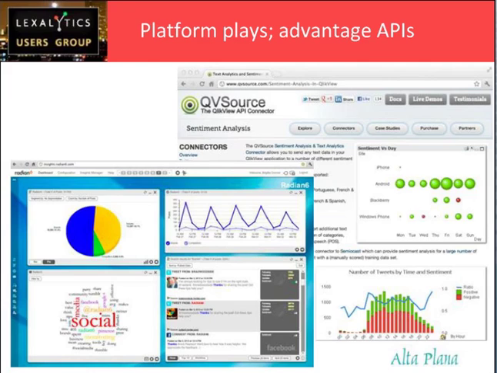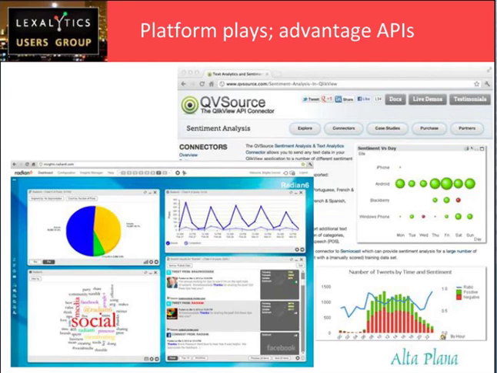So, going on to my next point about where we've been the last year or so: platform plays and advantages to APIs, application programming interfaces. I have 2 examples here of software that essentially operates as a platform or framework. One is ClickView, which is a BI tool, and the other is Radian 6.